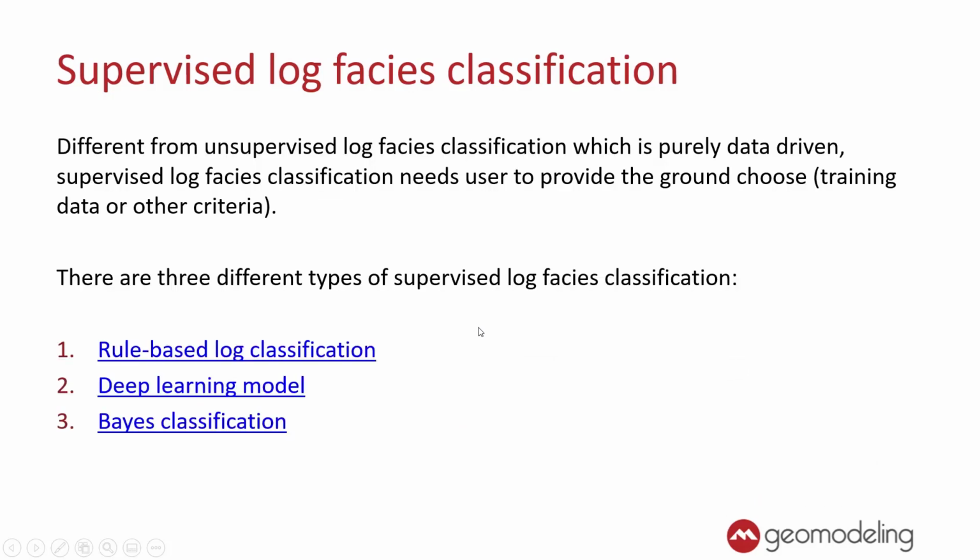Different from unsupervised log facies classification, which is purely data-driven, supervised log facies classification needs users to provide the ground truth, which is to use the training data or other criteria. There are 3 different types of supervised log facies classification: rule-based log classification, deep learning model, and Bayes classification.